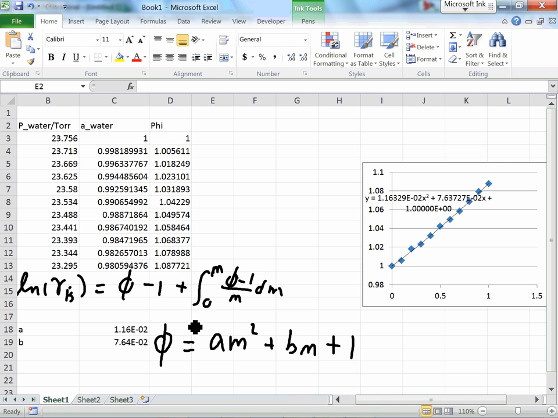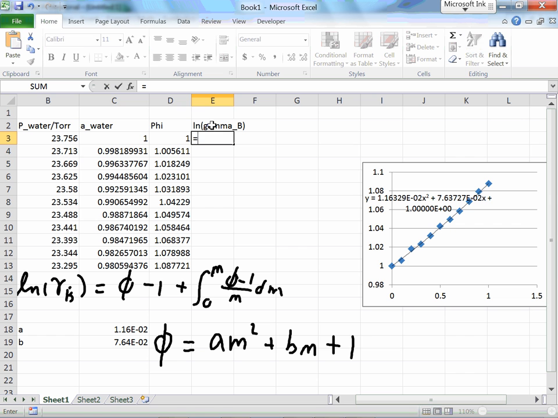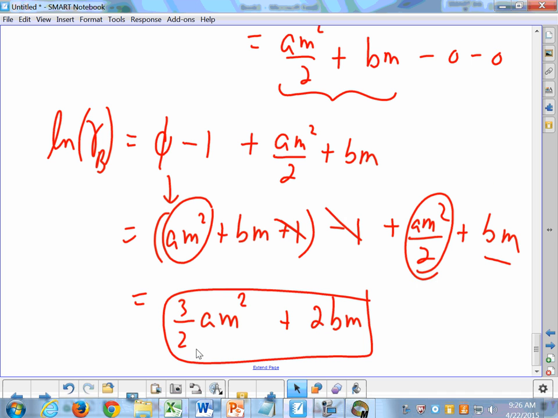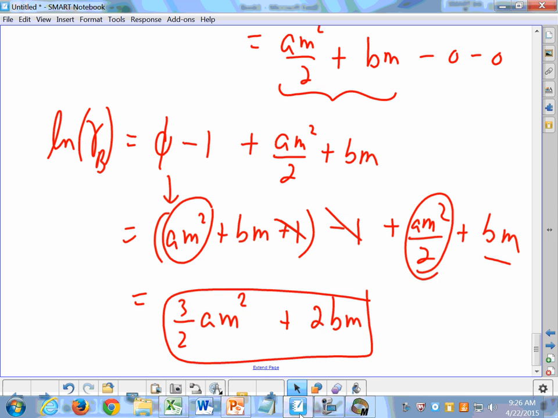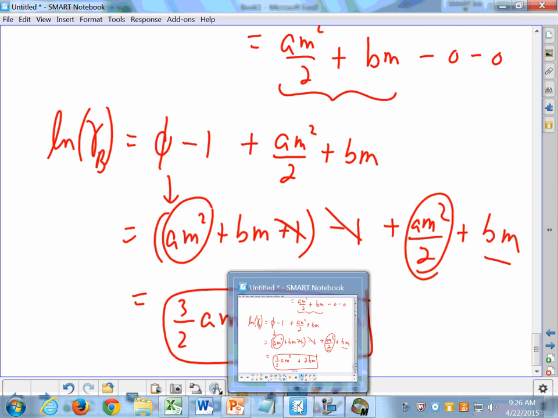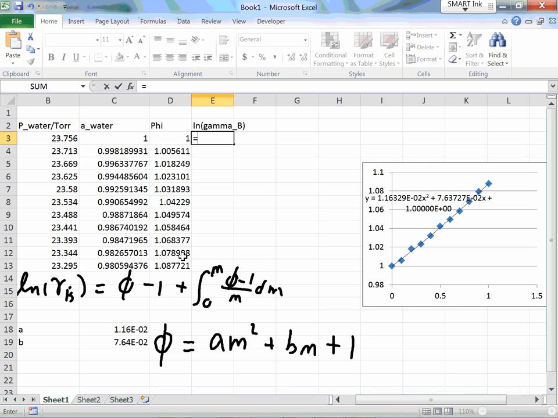So what can we do now? We can put the formula here for ln of gamma. What's our formula? Equal to phi minus 1 plus, what was it? Oh no, it's just 3 halves am squared plus 2bm. So this is just going to be equal to 3 halves times a. What's our a right here?